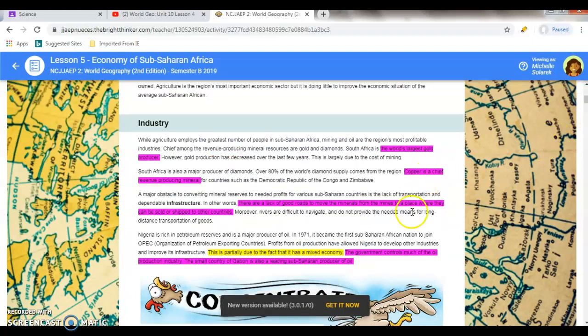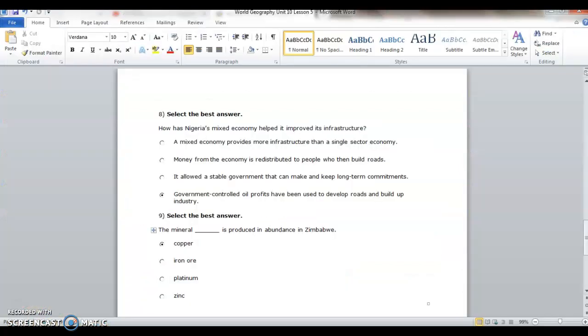Yes, the government does control much of the oil production in that country, and the profits from oil have allowed it to develop industries and improve infrastructure, while also allowing more land growth and profits from roads as they expand. Number 9, the mineral that is produced in abundance in Zimbabwe is copper.